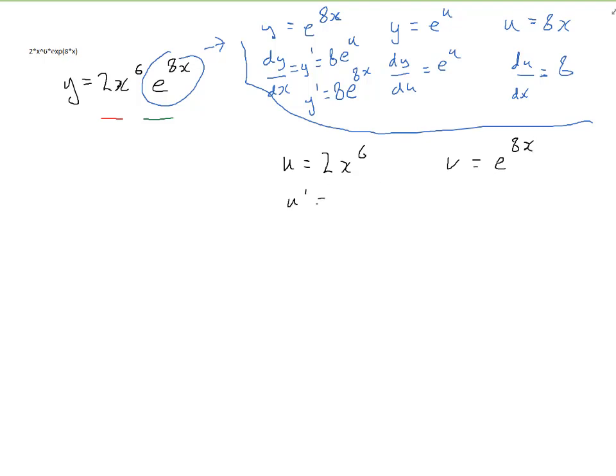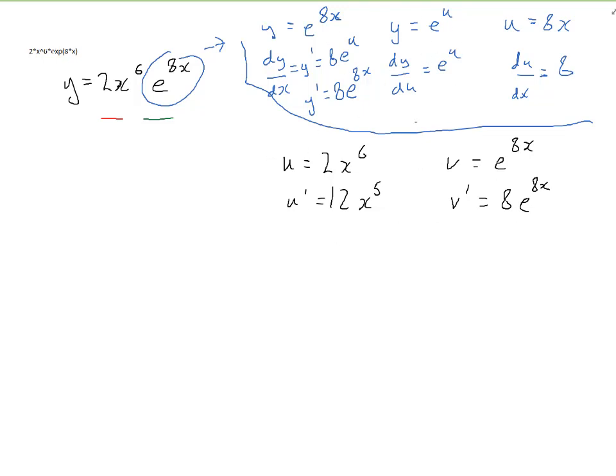Get the derivatives here: u dashed is 12x to the power 5. And here we have to use what we've just done. v dashed is 8 e to the 8x. That's how you differentiate this using the product rule above, the chain rule above.